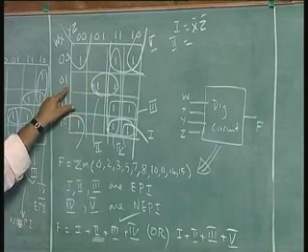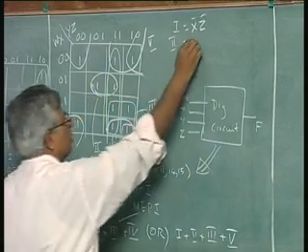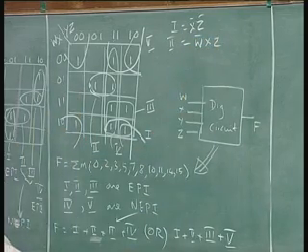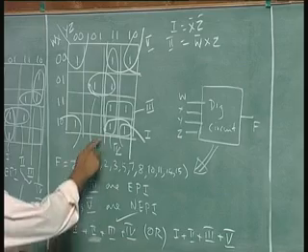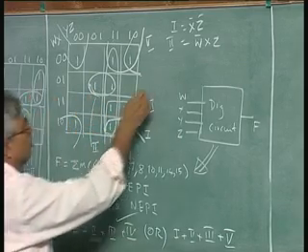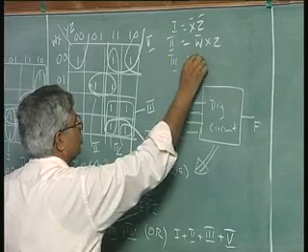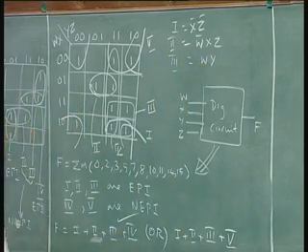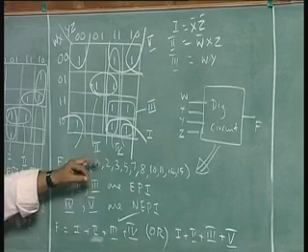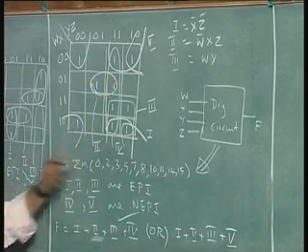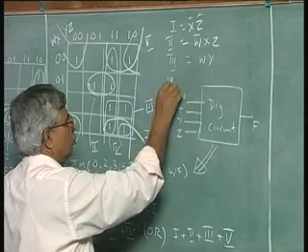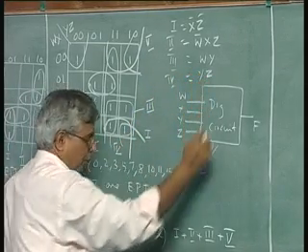W bar, X, Z. 3 is this, which is W, Y. And 4 we are going to take instead of 5. So 4 is this 4, that would be Y, Z.